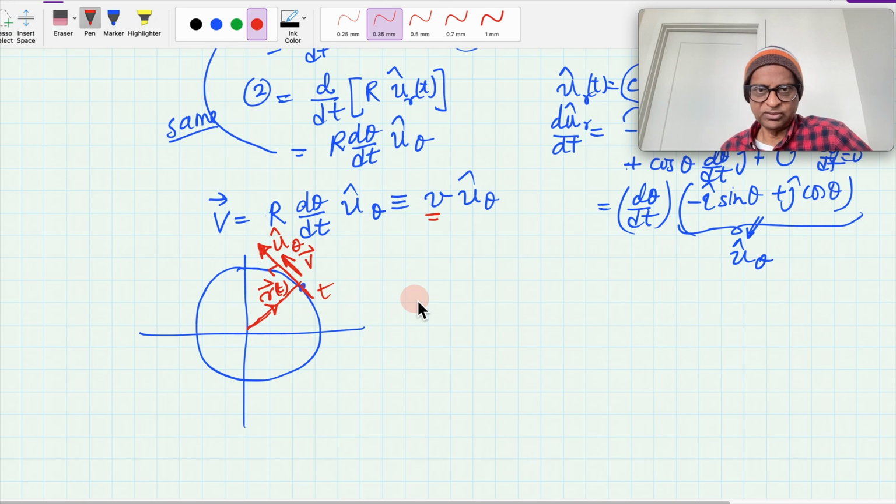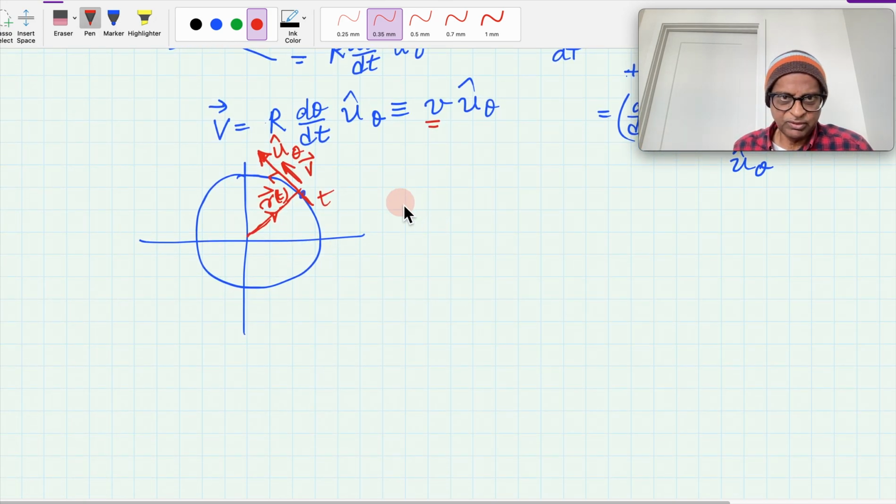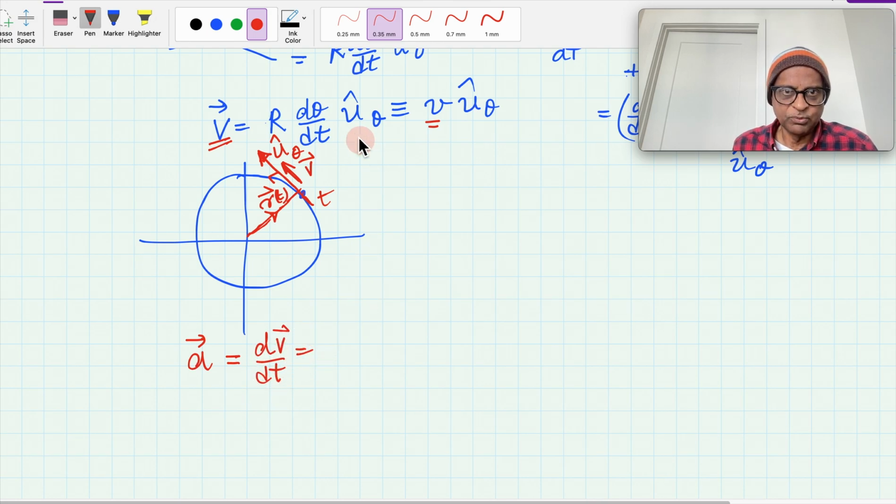So let's do the acceleration in the circular motion. So acceleration is the time derivative of that. So now acceleration is going to be dv dt. So we need to take a time derivative of that. So we have 1 term, 2 terms, 3 terms. So this has a time dependence, this has a time dependence, this does not.